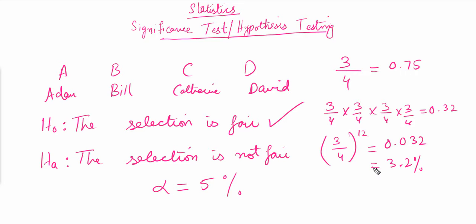Now we will discuss what errors can occur when we deal with the null hypothesis and the alternative hypothesis. So let's start with that.